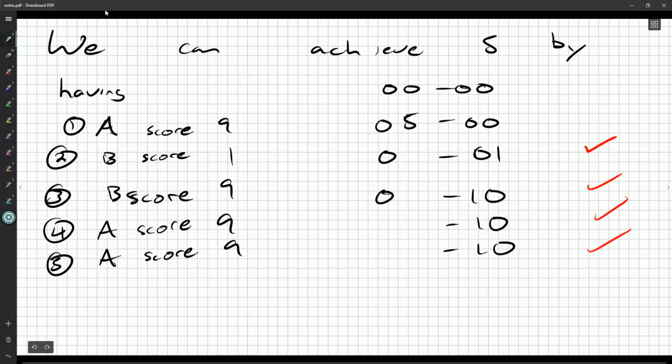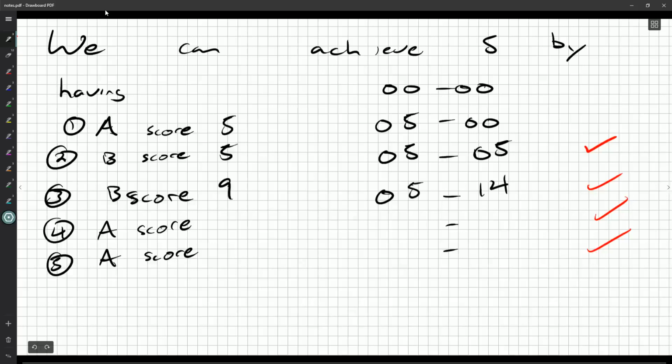Have A score 5. Then have B score 5. This keeps things nice and even a little bit. Then have B score 9. So that'll be 5 to 14. Have A score 9. That'll be 14, 14. Have A score another 9. So that'd be 23, 14.